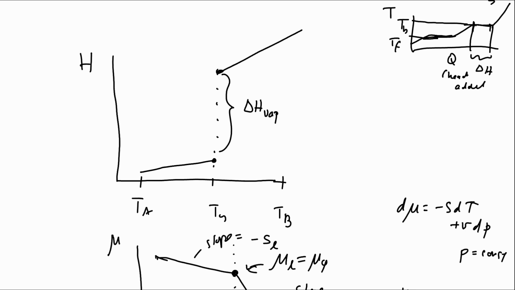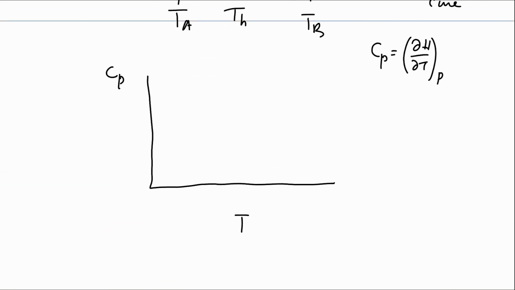Yes. Oh, yeah. Well, don't listen to what comes out of my mouth. It's constant pressure. The heat capacity, C sub P, means the amount of heat it takes to change the enthalpy. If I want to increase the enthalpy by a certain amount, I have to add heat.